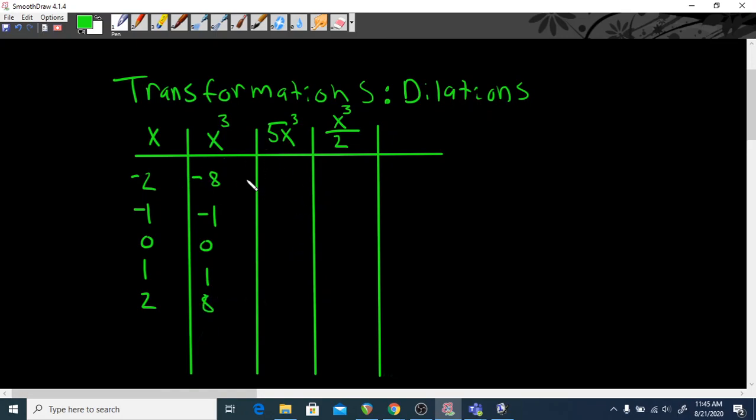Now, here, this 5, I'm multiplying by the 5. We can guess what that's going to do. But this multiplication by 5 is what's called my dilation factor. So in this column, the 5 is the dilation factor.